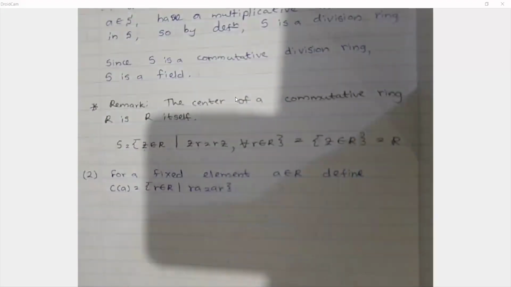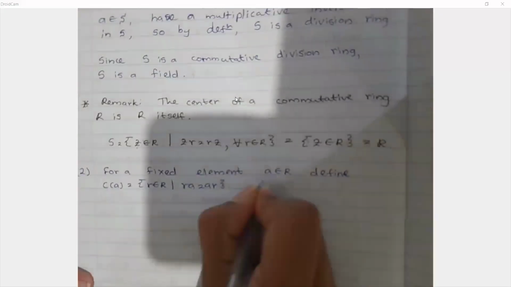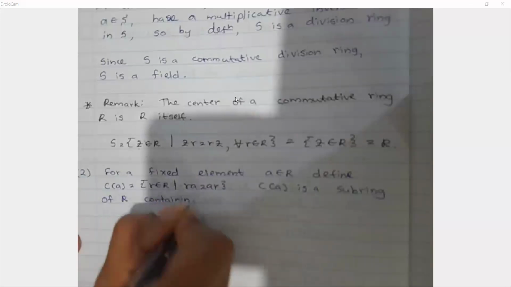We can show that C of A is a subring of R containing A. Obviously, it contains A because A commutes with itself.